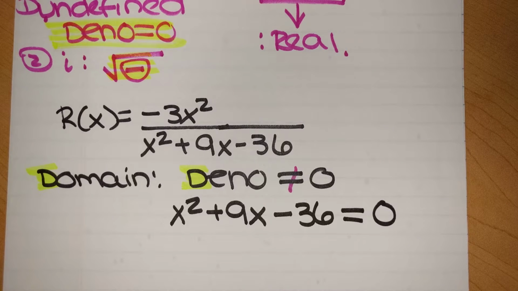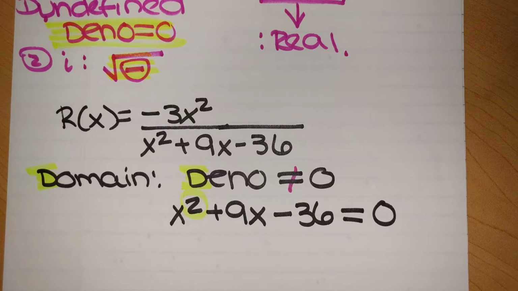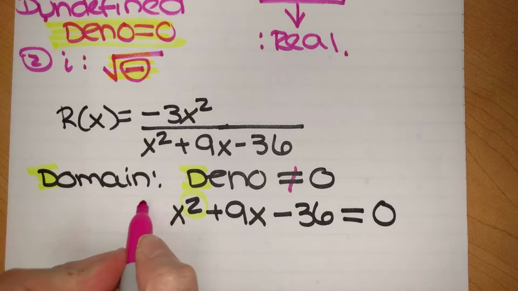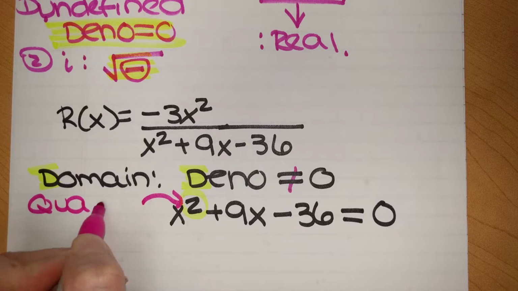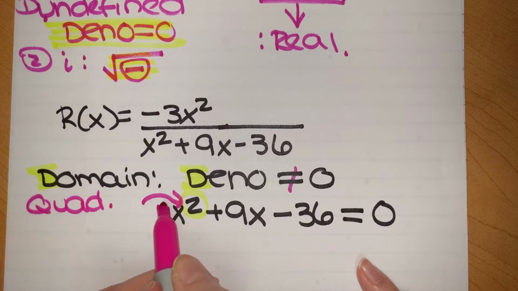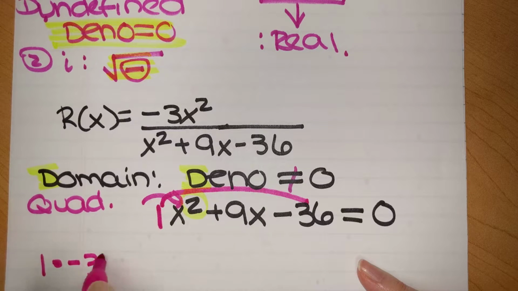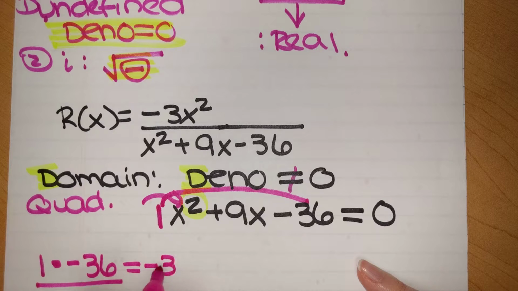So if I was solving it as an equation, the first thing I would notice is that I have a second power. And when we have a second power, we have a quadratic equation. So we have all of our different methods for quadratic equations: factoring, quadratic formula, and so on. I'm going to start off by trying to factor it. To factor, I would think about the factors of the first times the last, so factors of 1 times negative 36.